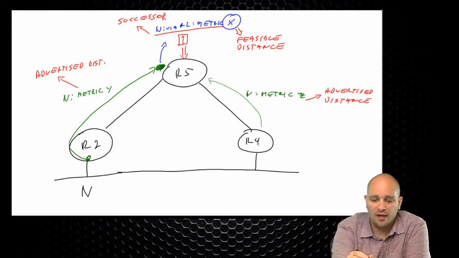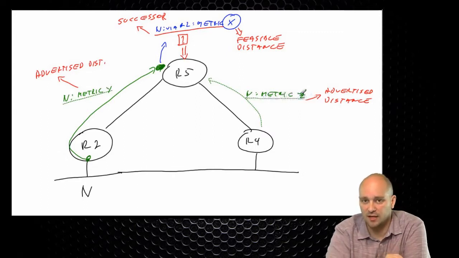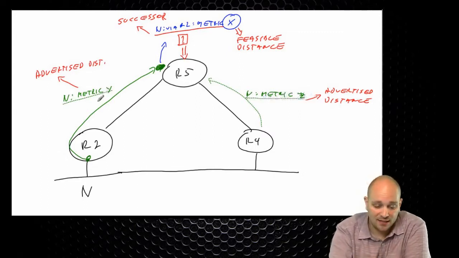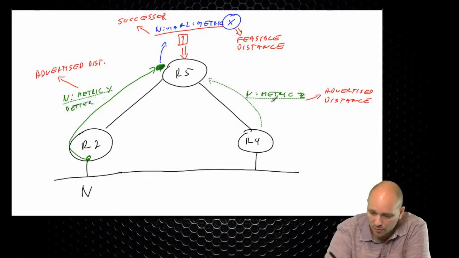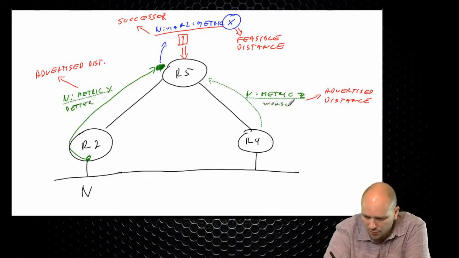But now we have two routes that we are receiving. We have this route here that is advertised by R2, and we have this route here that is advertised by R4. Now, I said that R2 is the better route, so let me just say that this one is better, and this one here is worse. It doesn't matter, the actual values don't matter.